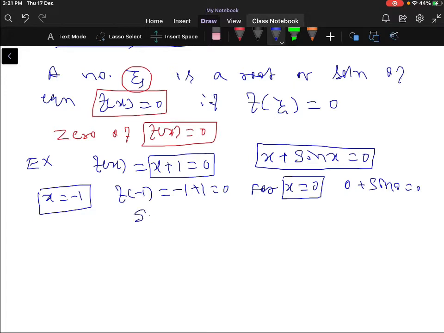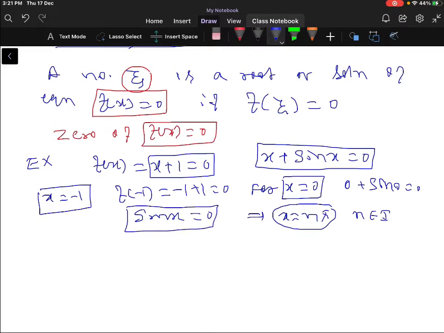If I take another example, sin x is equal to 0, this implies x is equal to n pi, n belongs to the integers, so sin of n pi is 0, therefore n pi are the roots of the equation sin x is equal to 0.